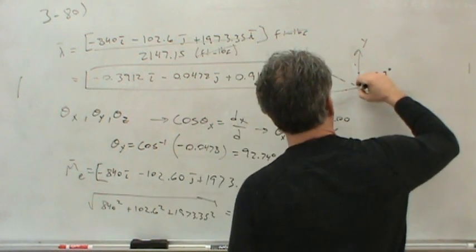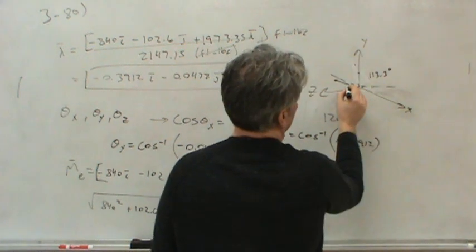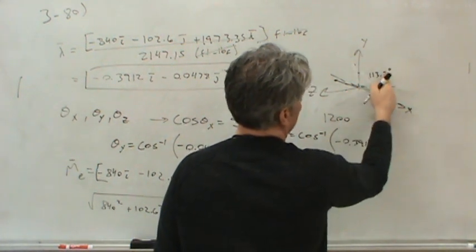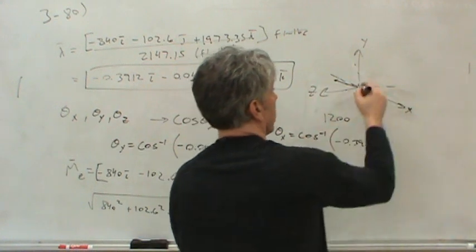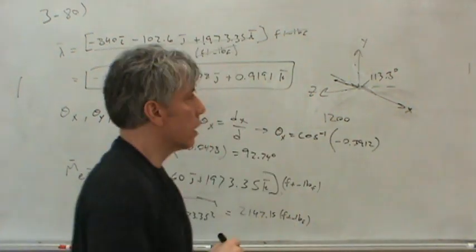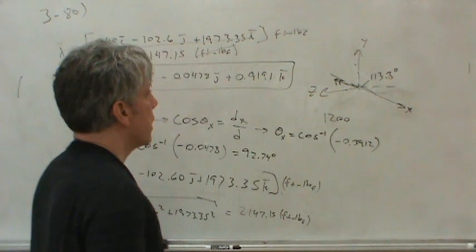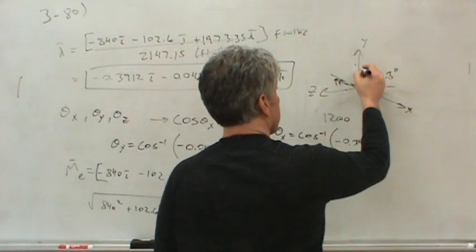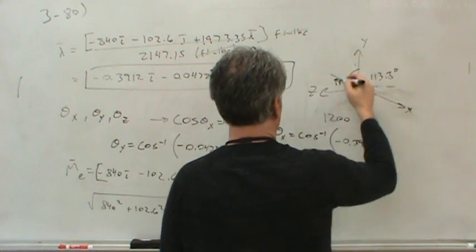So although it's difficult to draw, that angle is still 113.3 degrees. All that's happened is the plane it was in came down. See that? I should be making this a double-headed arrow, because you know that the angle off the y-axis to this vector is 92. Well, actually, it should be farther.